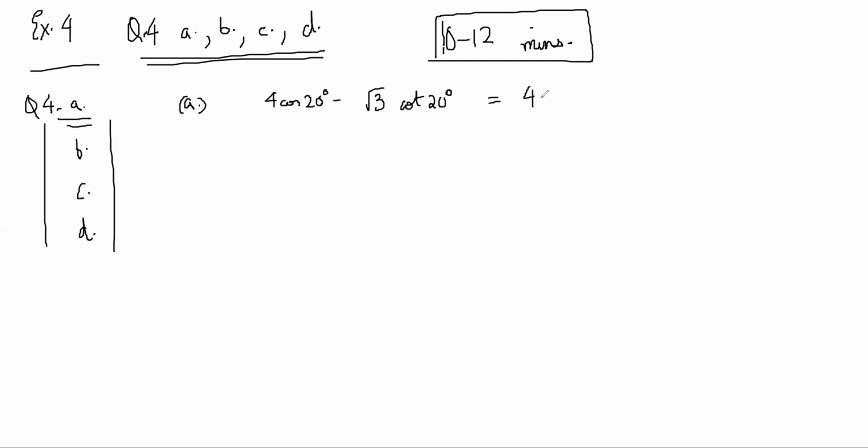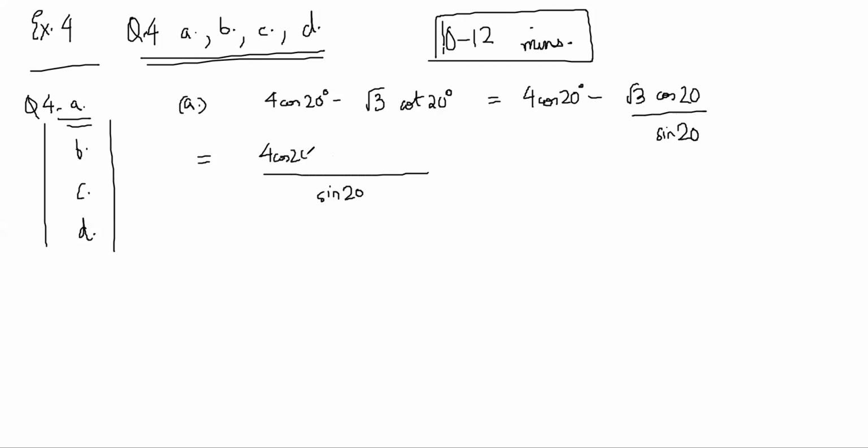So you get 4 cos 20 minus root 3 cos 20 by sine 20. If you take a common denominator sine 20, this becomes 4 cos 20 sine 20 minus root 3 cos 20.